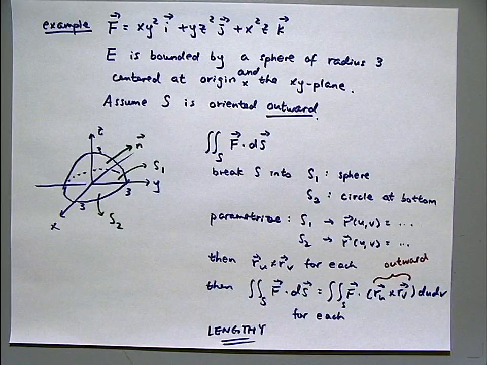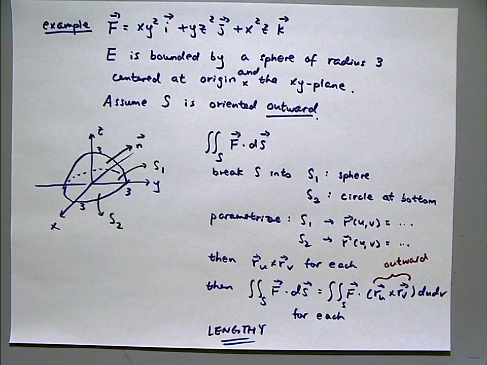And the shape we're talking about is a very nice shape. It's just the upper hemisphere of a sphere of radius 3. And it makes perfect sense to describe this in spherical coordinates. Rho will be between 0 and 3, right?